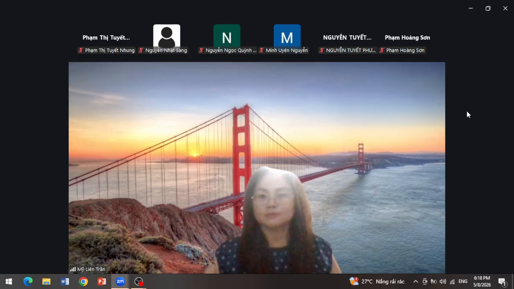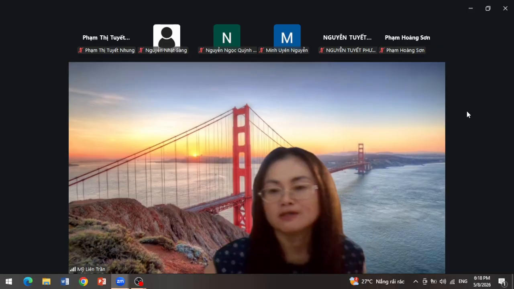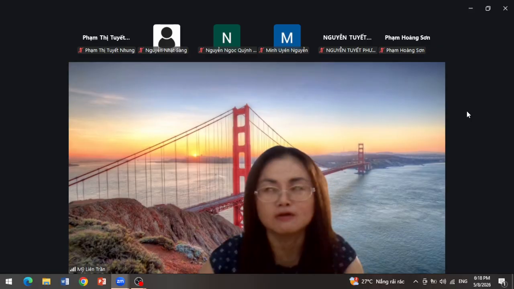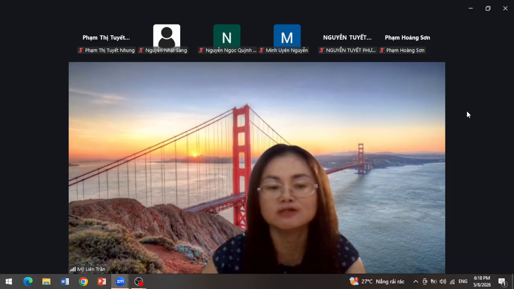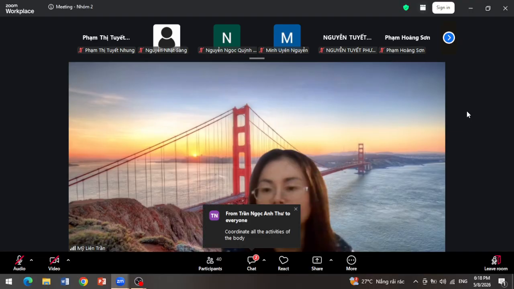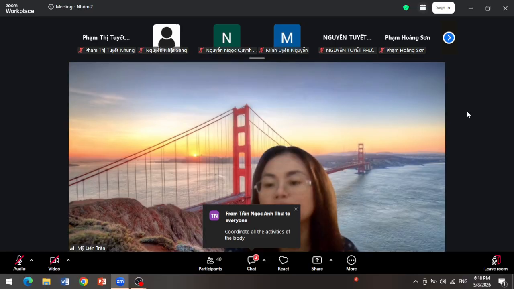As you know, the nervous system is called the control center of our body. What does it do? Coordinate all the activities of the body, right? Just control all of the activities, coordinate all of the movements and activities of the body.